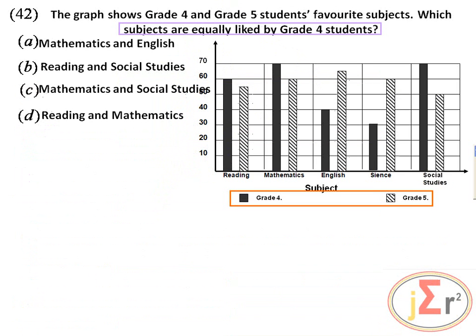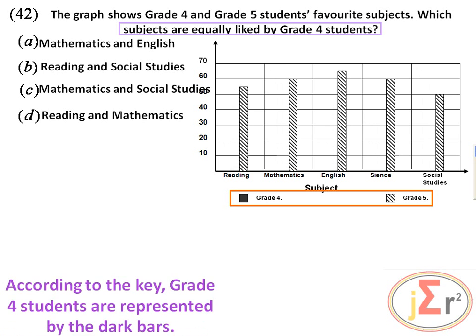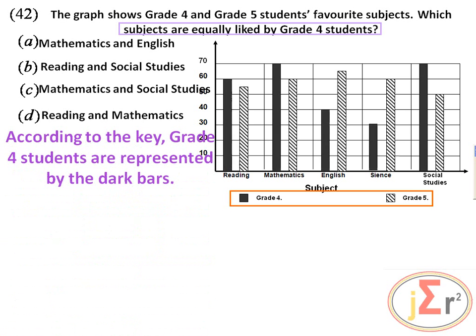We also have this problem that is related to the bar graph. Which subjects are equally liked by grade 4 students? And we know that grade 4 students are the students that are represented by the completely dark bar, so we may eliminate the other bars.